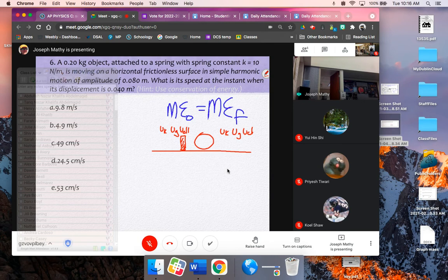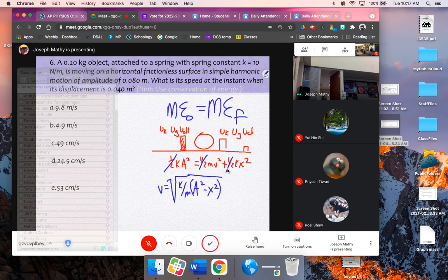I'm going to say that all the initial energy is 1/2 k A squared equals... And then, believe it or not, it becomes an equation that I memorized. It's the v equals the square root of k over m times the square root of A squared minus x squared equation.